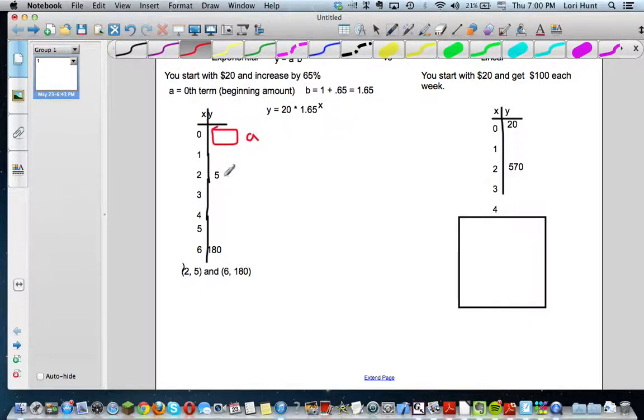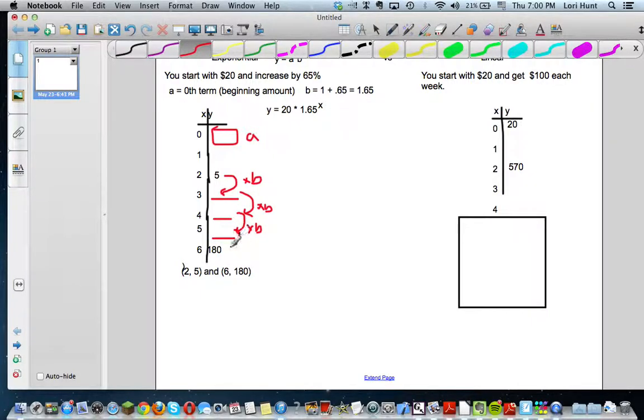So exponential means that every time to get to the next term, you're multiplying by something. So 5 times something would give me the 3rd term. Whatever that is times something would give me the 4th term. Then whatever answer I get there times that something, and I'm calling it b, would give me the 5th term.